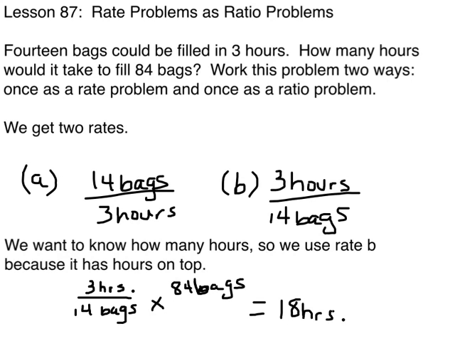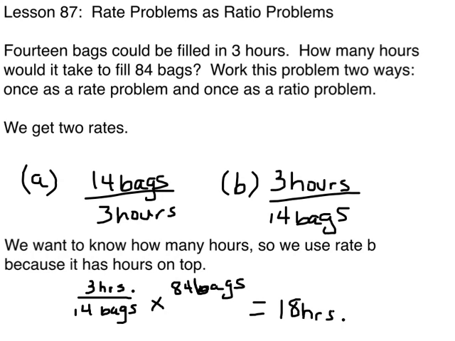We have 14 bags in 3 hours or 3 hours and 14 bags. We want to know how many hours, and we're going to set this up like a unit multiplier where we're going to cross cancel something out.